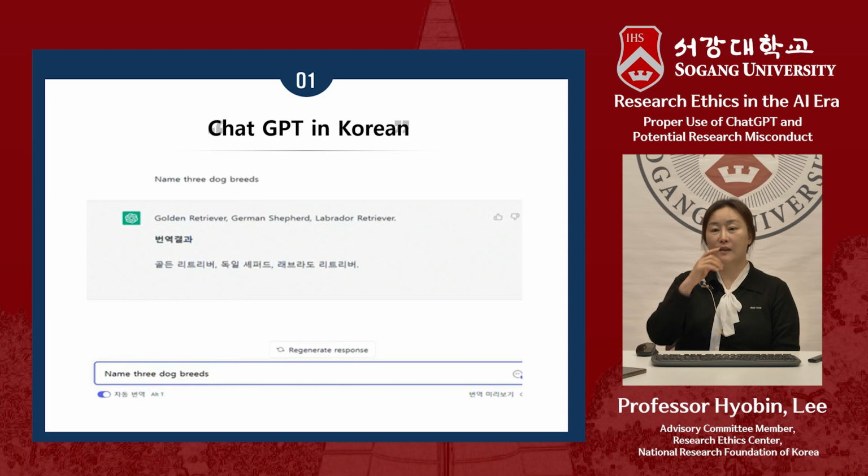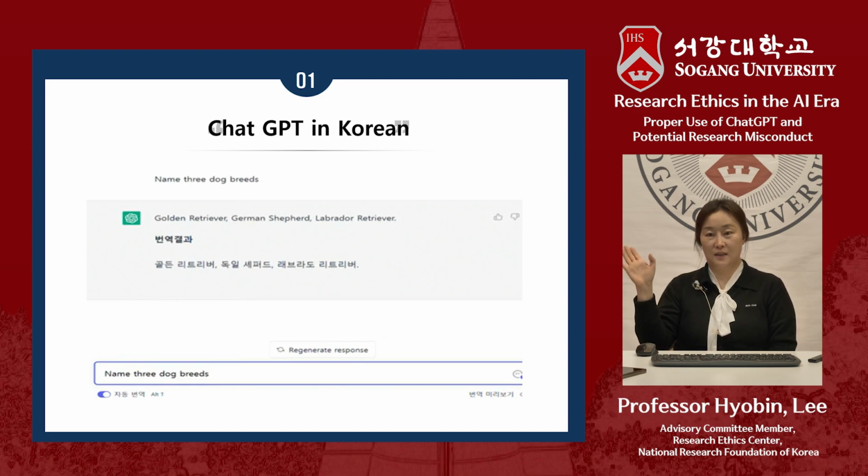And the second one is WebChatGPT. WebChatGPT gives access to websites. ChatGPT has a lot of data, tons of data, and the answer is generated based on the data that ChatGPT has.